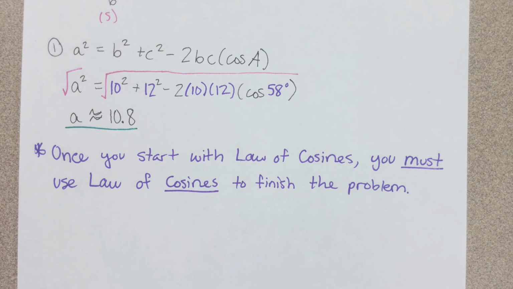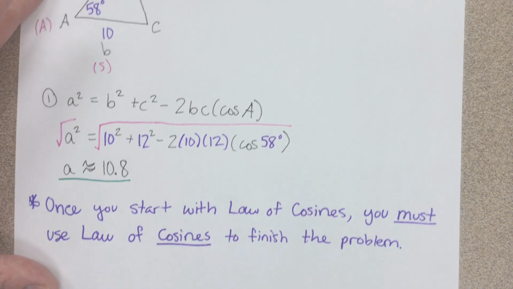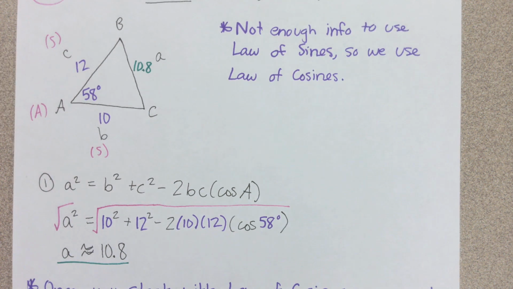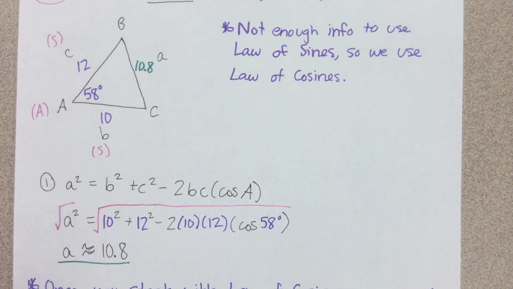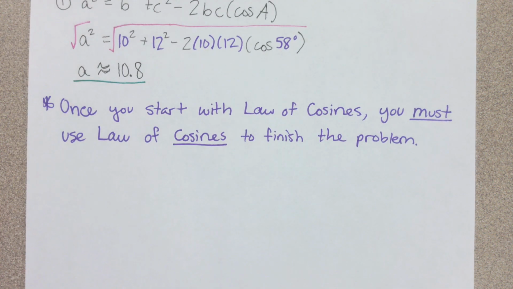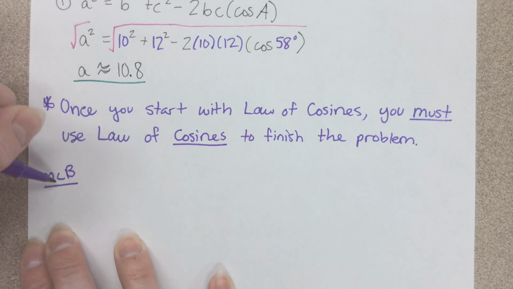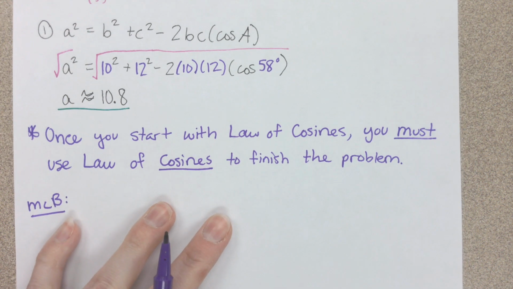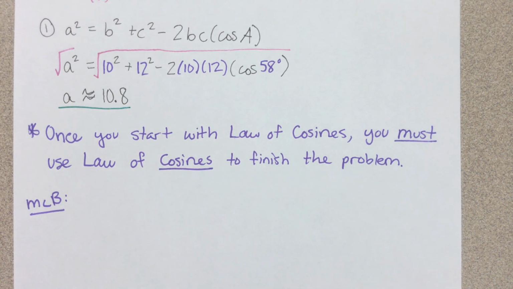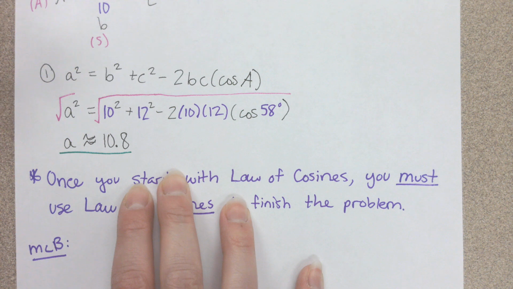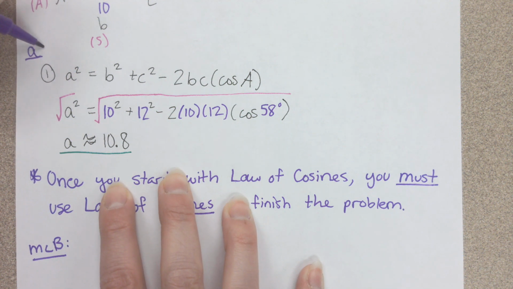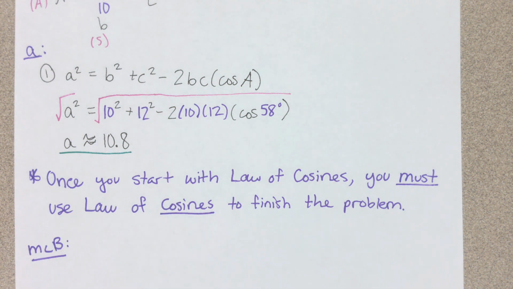So on that note, we need to use law of cosines to find one of our missing angles. You can find B or C at this point. It's a personal choice. I always go alphabetical order, so let's find angle B next. The first one I did, I found A. When you first dive into the formula, you aren't quite sure what you're looking for yet.